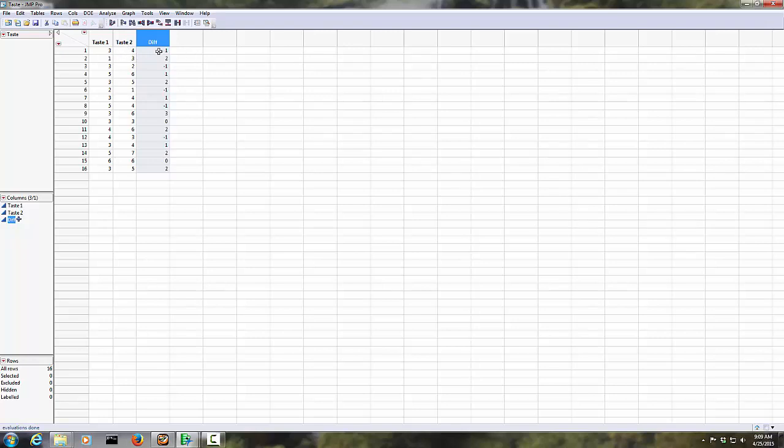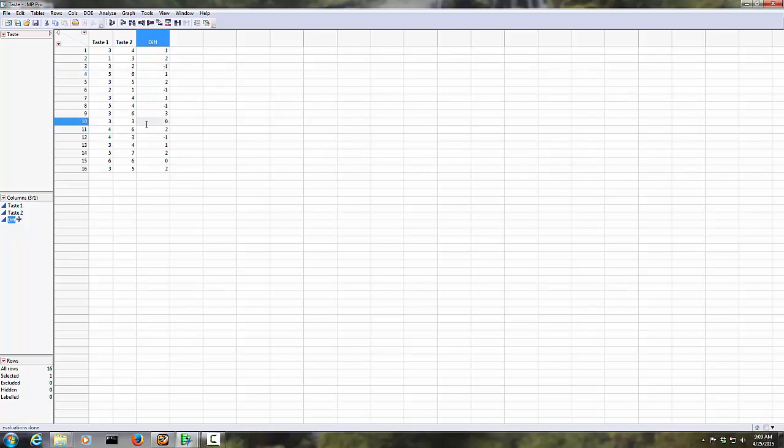The difference here is positive because I did 2 minus 1, and the positive number there is indicating that this individual preferred the first tea. Second individual preferred the first tea even more. They gave it 2 in terms of a difference. You see the minus 1 there? That's because this individual, person 3, actually preferred the second tea over the first.